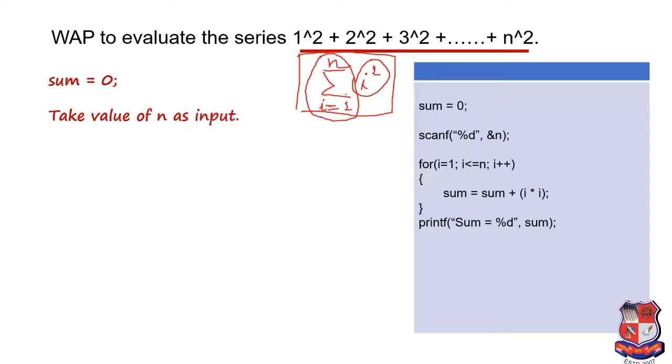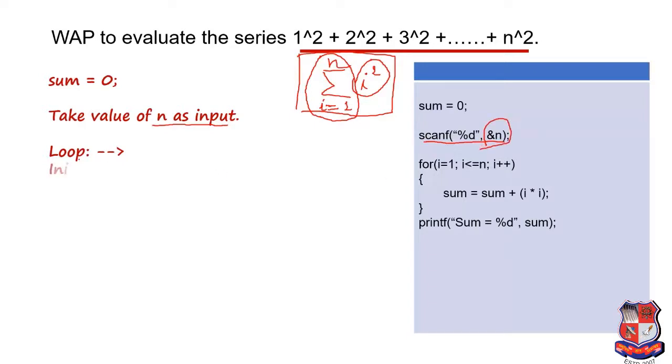Then we take n as input, the number of terms till which we have to evaluate the series. For that we write scanf, inside the inverted commas %d, and then &n.